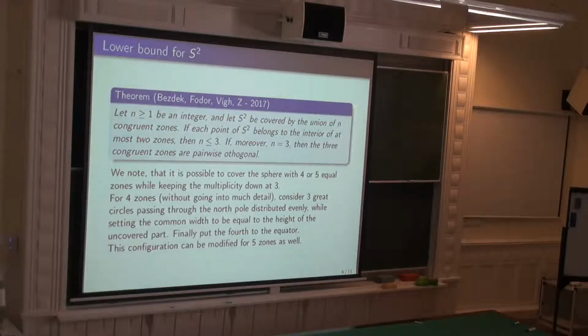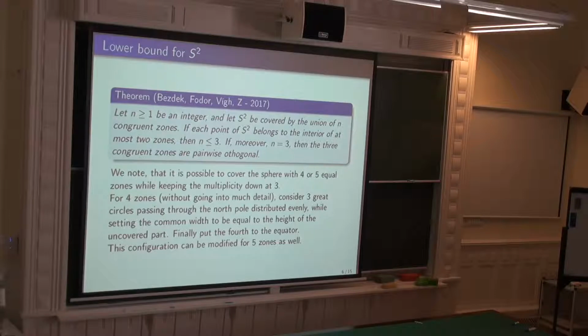Our first theorem is: if n is an integer and the sphere is covered by the union of n congruent zones, then each point of the sphere belongs to the interior of at most 2 zones, then there cannot be more than 3 such zones. And if there are exactly 3 zones, then this configuration is also unique. We know that it is possible to cover the sphere with 4 or 5 zones while keeping the multiplicity down at 3.